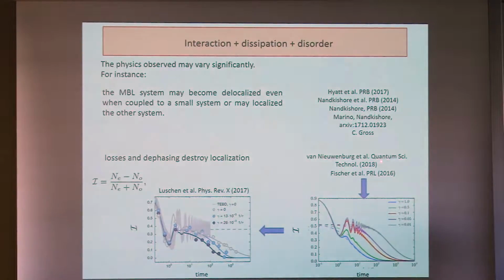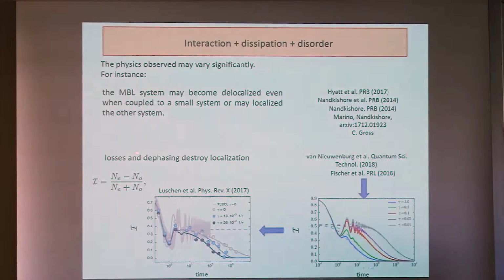This work here, for example, predicted that with dephasing the imbalance that we discussed just now will go down quickly in time, independent of the strength of the disorder and the strength of the interaction. Eventually it will go down, and this is obvious. This was also seen in experiments by Luschen and others.